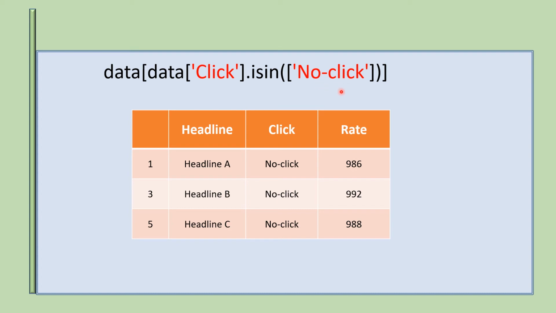Something that we need to be careful about, just outside no click you can see there is this square bracket, and this basically symbolizes a list, and it is mandatory to come up with this square bracket. And the flexibility that we can have is we can also use multiple parameters inside the square bracket. So if at all we would have wanted NA values or something else that were present in the data, we could have collected that as well.